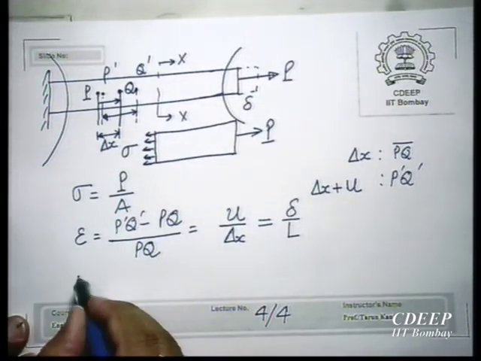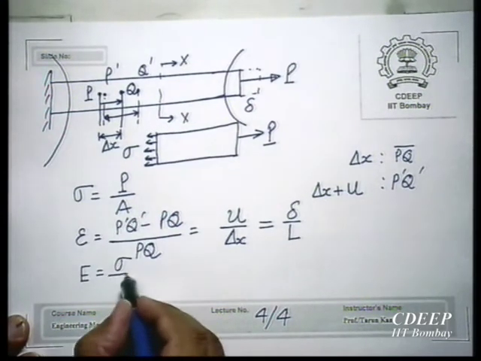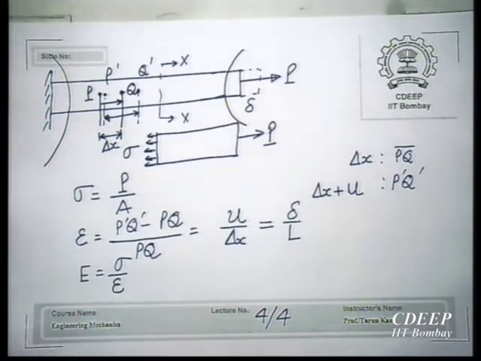And the third one is we have already derived that E equals sigma by strain. Now, let us see whether we can get something out of these three, in order to obtain the change in the length of the rod.